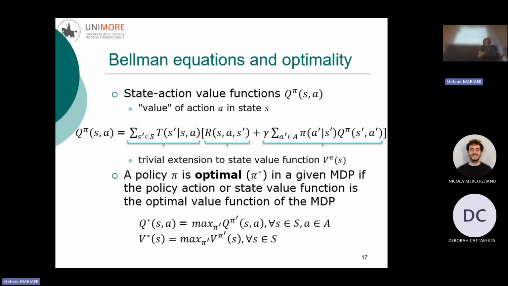That's the best action as far as I know. And the same for the state. Given that my next states are 2 states, one with value 5 and one with value 10, I will try to go into the state with value 10.